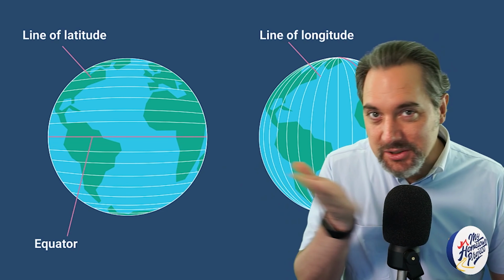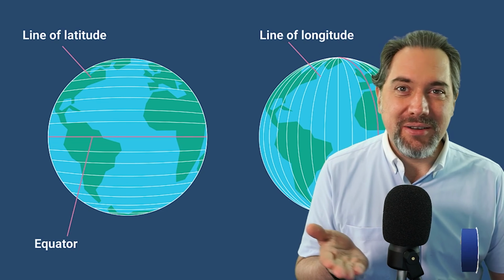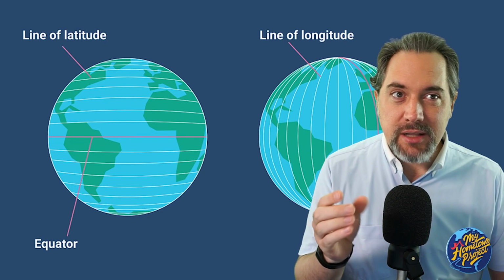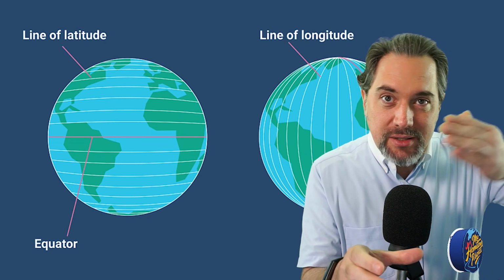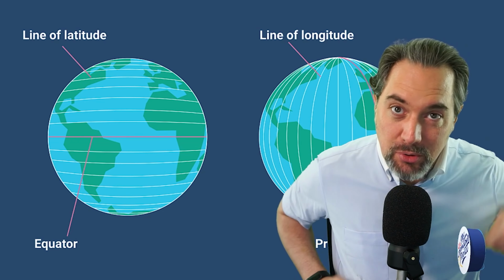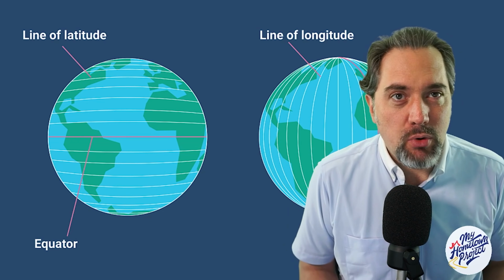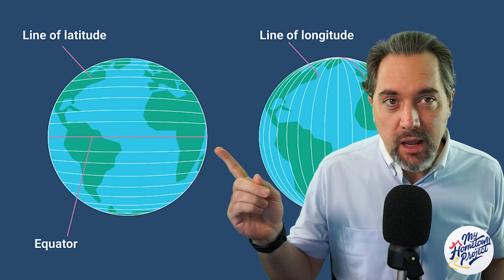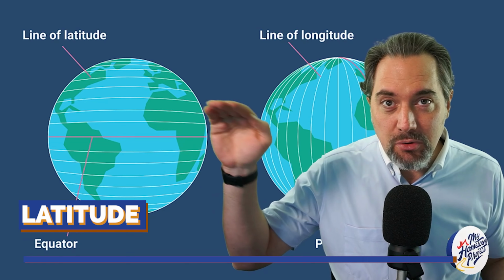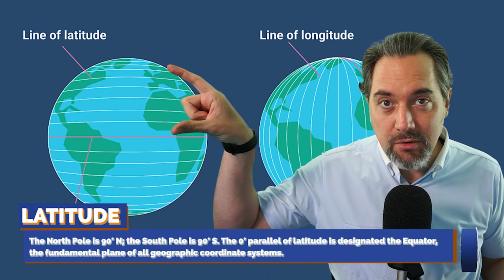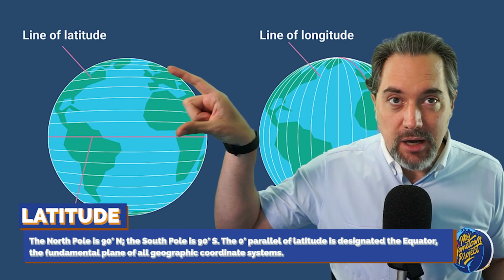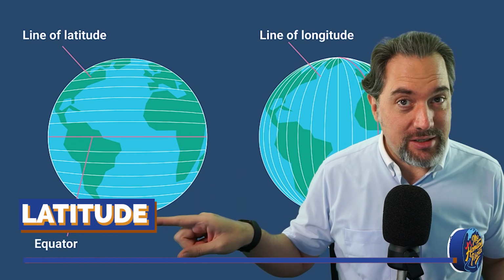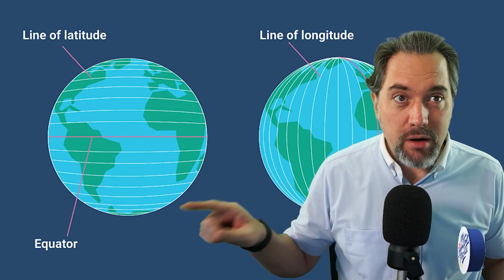Let's say you wanted just to slice the world up. Slice it from the top to the bottom in equal lines, and then look at it from the top and start slicing it in a circle like a pizza. And that is basically what these come up to. In the middle, we have the equator, and then we start slicing in 10-degree increments until we get to 90 degrees at the top pole, and then slicing down every 10 degrees till we get to 90 degrees at the bottom pole.